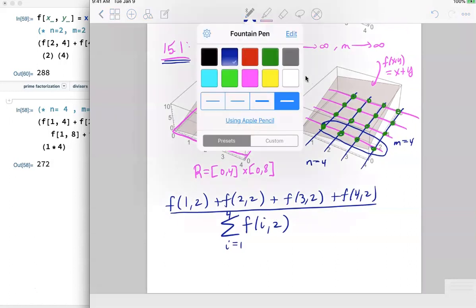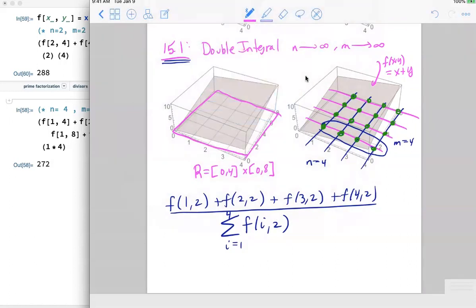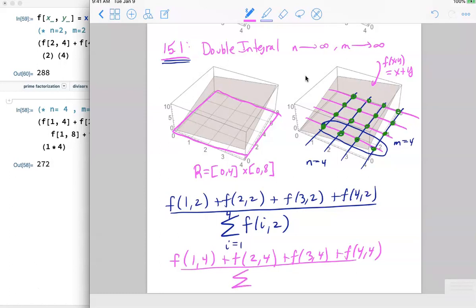We can then move to the next row, the function evaluated at 1, 4, plus the function evaluated at 2, 4, plus the function evaluated at 3, 4, plus the function evaluated at 4, 4. Okay? And all of that could be written as the summation i going from 1 to 4 again of the function evaluated at i, comma 4.